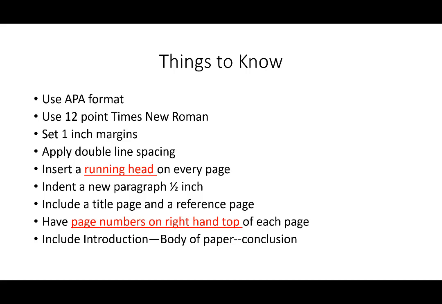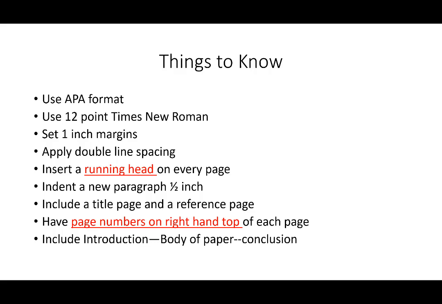You're going to indent every new paragraph in your paper 1/2 inch or close to that. You're going to include a title page for your paper and a reference page. Have page numbers on the right-hand top of each page.